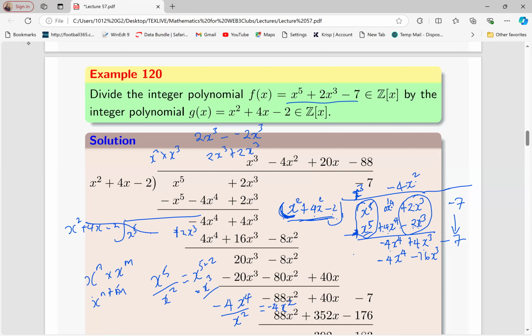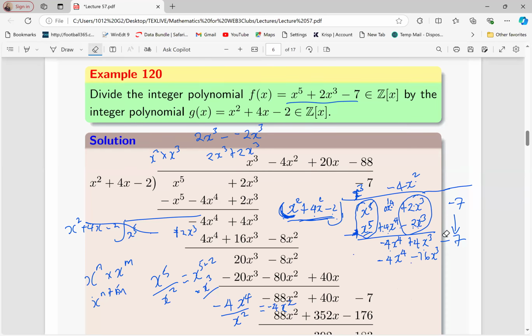And then we have positive 8. Oh, there's no need of bringing this 7 down. We have not reached a point of bringing it down because I'm not seeing where we're going to involve it. Now, this one times that, it is plus 8x raised to 2.